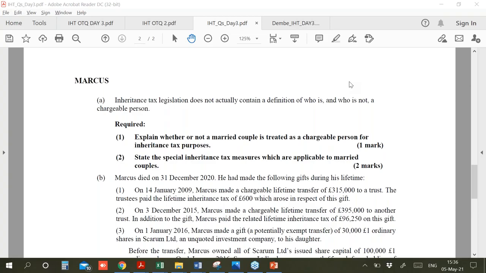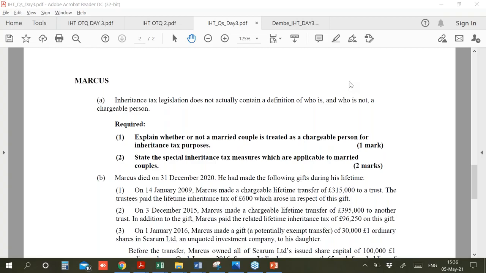There is another one which we have constantly dealt with in our OTQs. Yes, Rubina, you're right, nil rate band. The spouses can transfer their unused nil rate band to each other, and their residence nil rate band to each other.